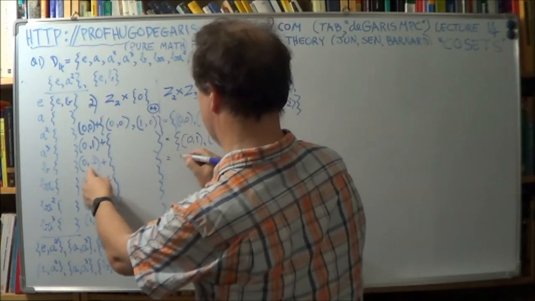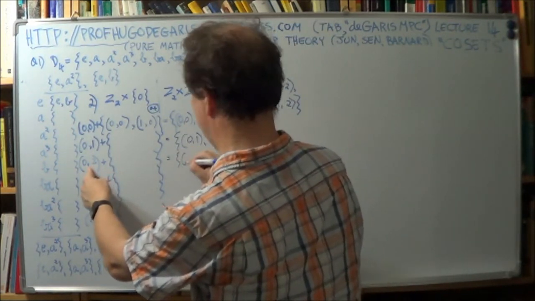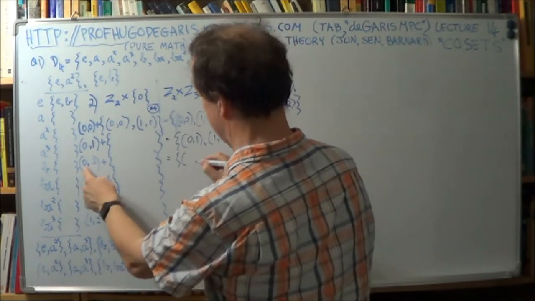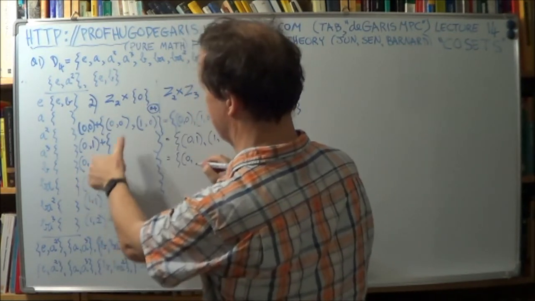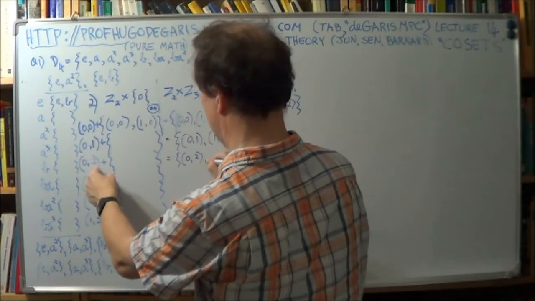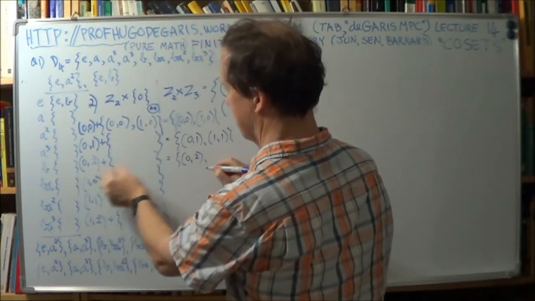Okay, now this one. So you add that to that, so it'll give you a 0. And you add 2 to 0, so that's a 2. And then you add this to this.